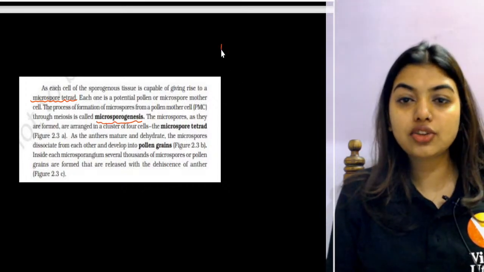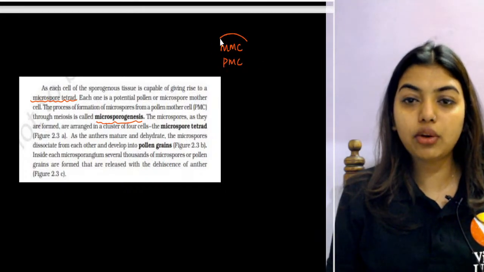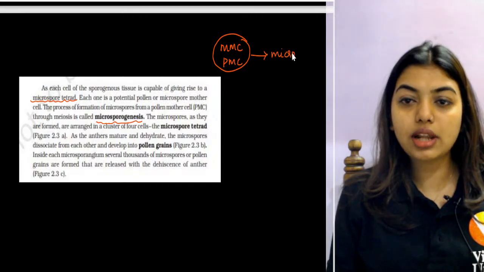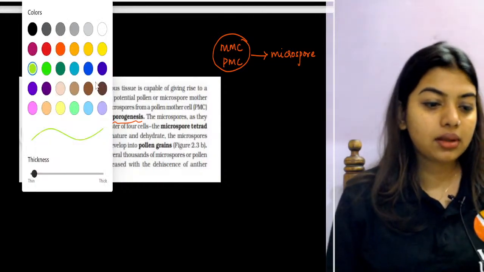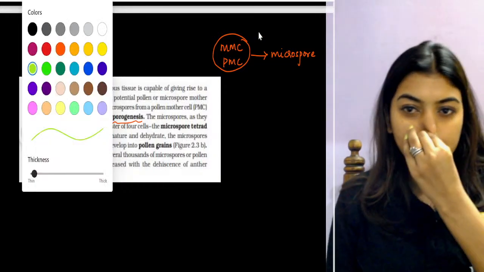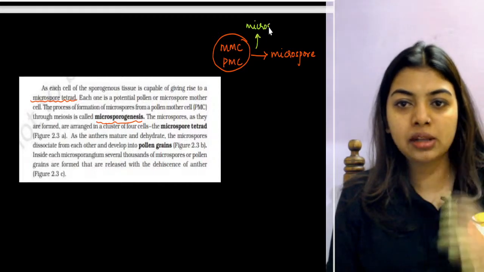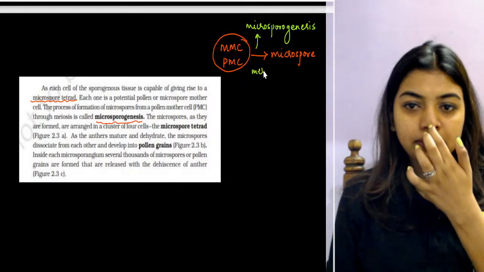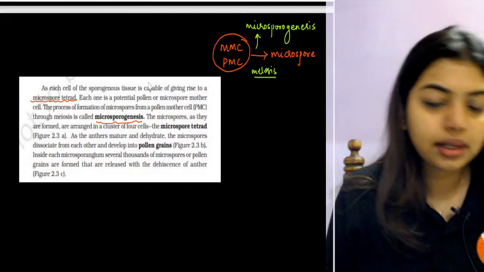So here instead of MMC, you can use PMC as well, and the process of forming microspores from this is called microsporogenesis. Here meiosis is happening. Okay, clear?